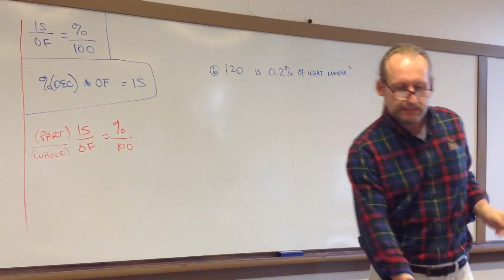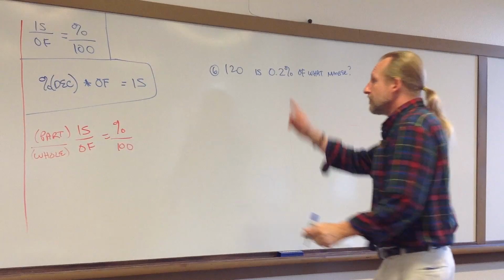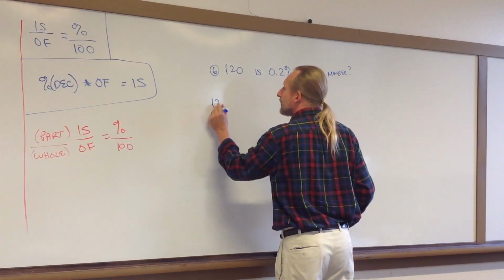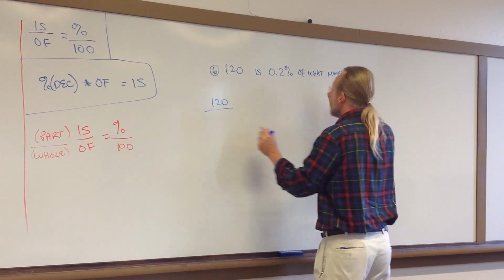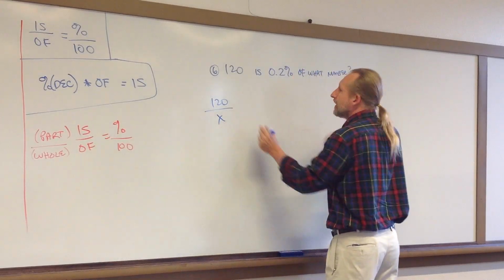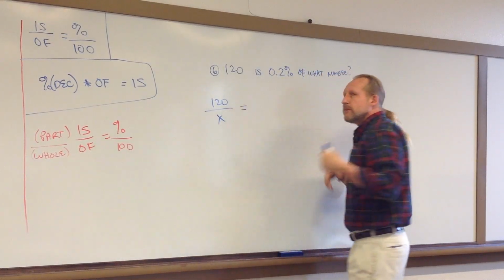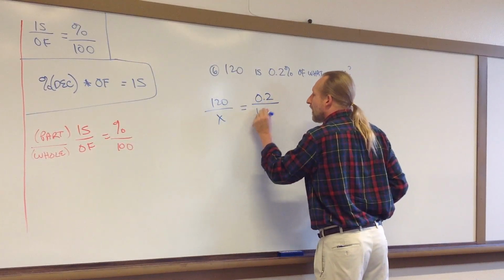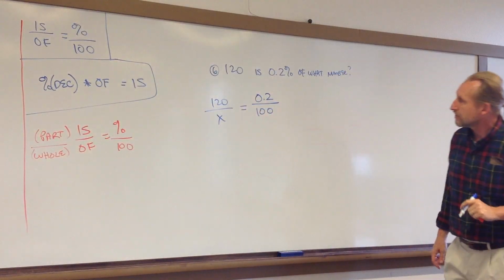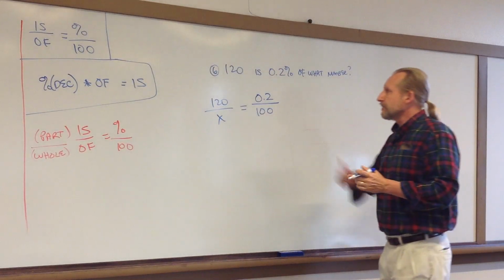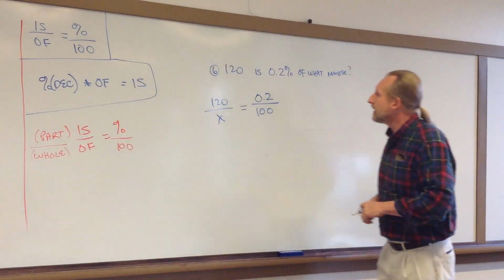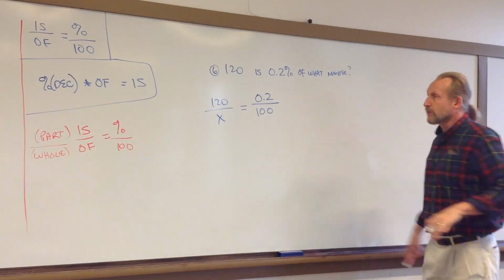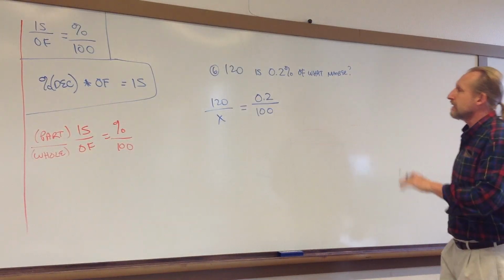Okay, so this is the same scenario that we had just a minute ago. The 120 is the "is," x is the "of," and here, even though the percentage is already a decimal, we're going to leave it that way and put it over 100. This is a very small percentage, and you'll see that when we do the other method, we're going to move that decimal point and it's going to get even smaller.